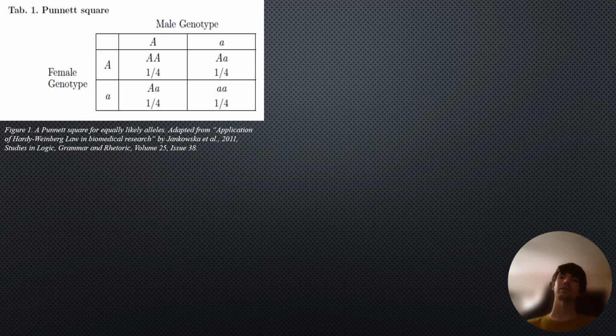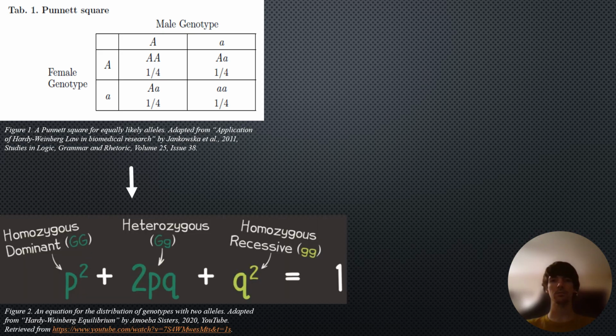The HWP checks if something is happening more or less often than we'd expect from generation to generation by measuring actual occurrences of genotypes against what we'd expect based on the equation from the previous slide. As an example, here's that earlier Punnett square from Jankowska et al. The dominant allele and the recessive allele are both 50% likely in this example.